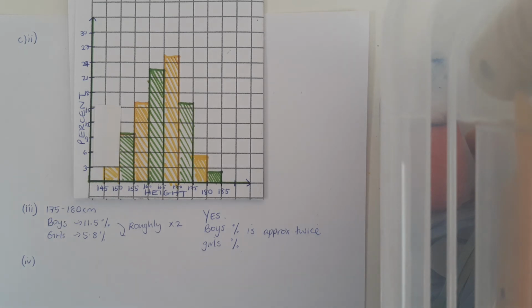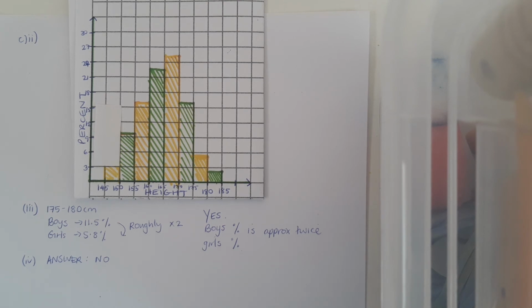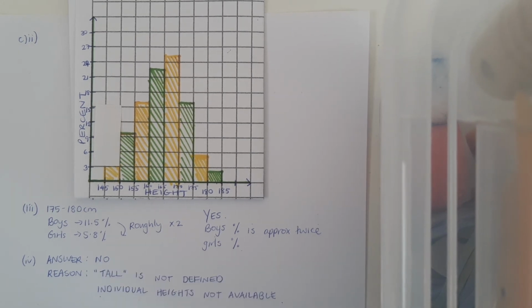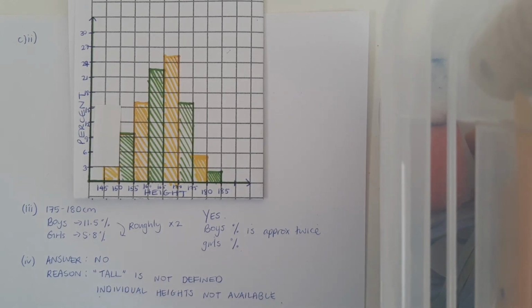The other issue is that Mary hasn't defined what she means by tall. So in this particular instance, I would say that no, the histograms don't support this analysis of the information, for the reasons that, first of all, tall has not been defined, and even if it was, the individual heights are not available to us.